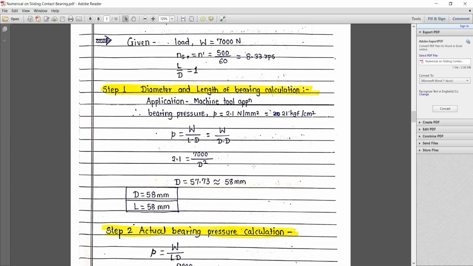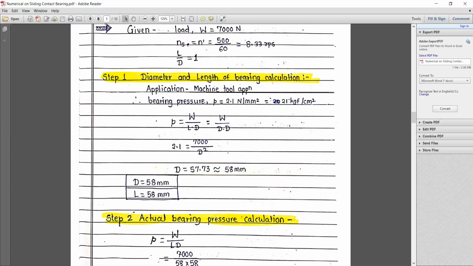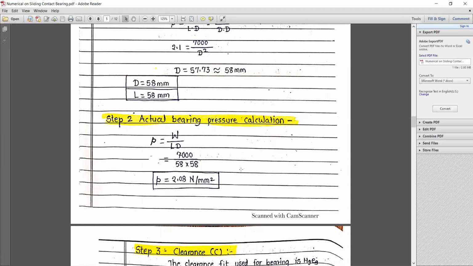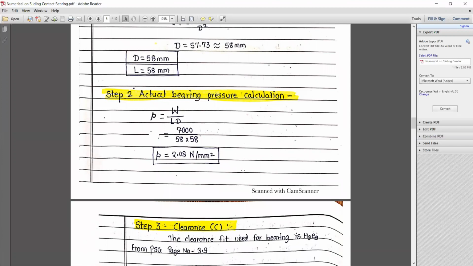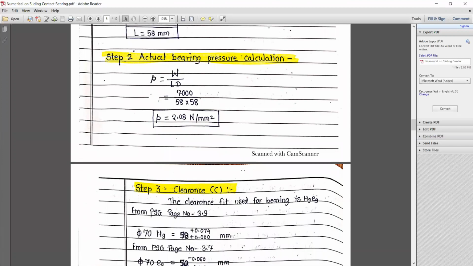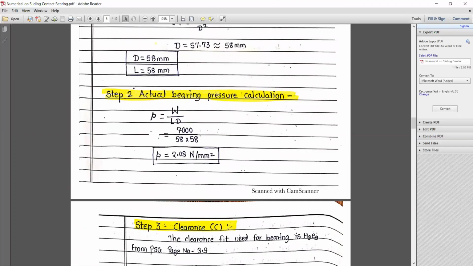After the calculation, we get D equal to 57.73, which we can modify to 58 mm. Now the diameter is equal to 58 mm, and length is equal to 58 mm, as L by D ratio is equal to 1.